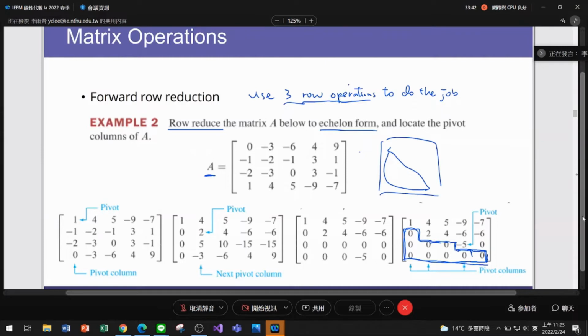You need to remember that we can only use these three things to reach some type of matrix. And in the process, those matrices are called row equivalent.